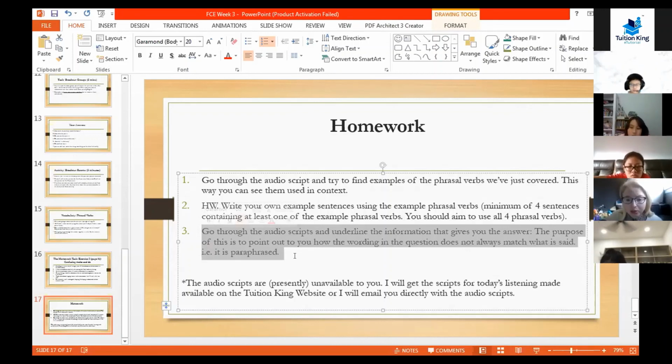And the purpose of this is just to point out the fact that the wording in the questions is not always the same wording you'll hear in the audio scripts themselves. So in other words, they will be paraphrased. And so this exercise is just for you to be familiar with this idea, and also in turn it will help you expand your vocabulary as well, because you will see alternative ways of wording X, Y, or Z.